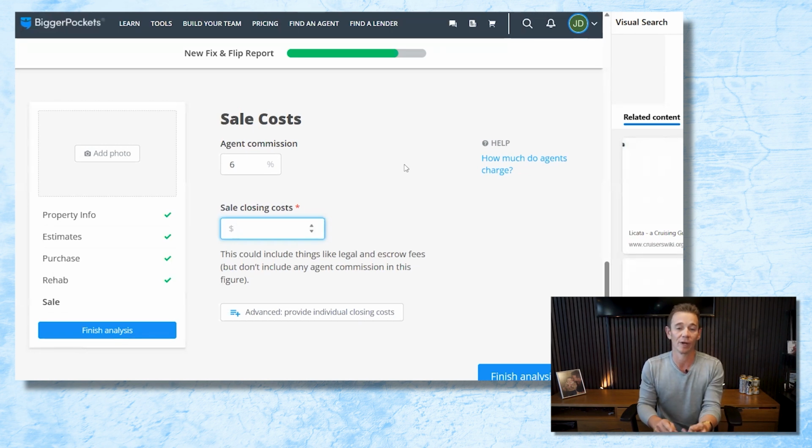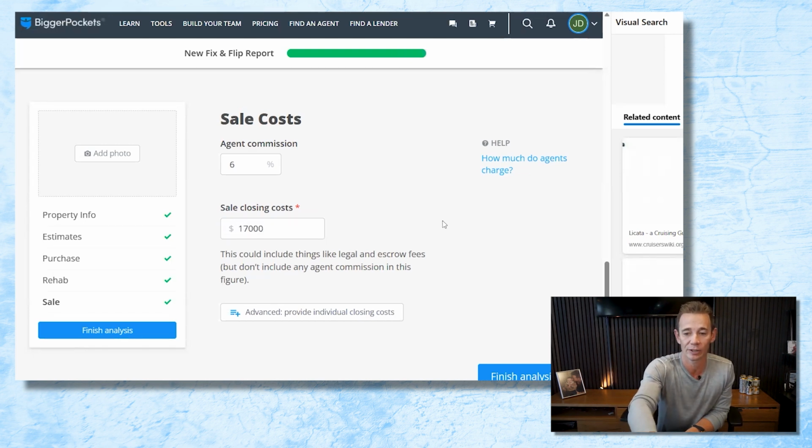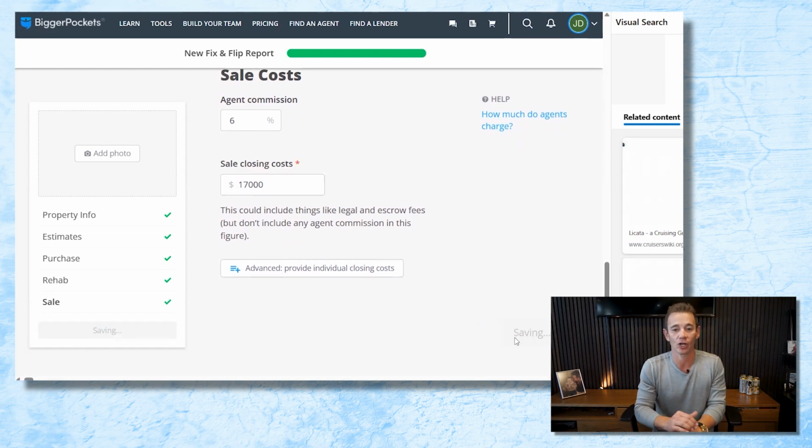In addition to, we have title and escrow, which usually cost about another 1%. So when we're selling a property in the Pacific Northwest, it costs us 3% plus the real estate commissions at 6%. So at a sale price of $540,000, our closing costs at 3% are going to be roughly about $17,000. We're going to input our sale closing costs, and then we're going to finish our analysis.